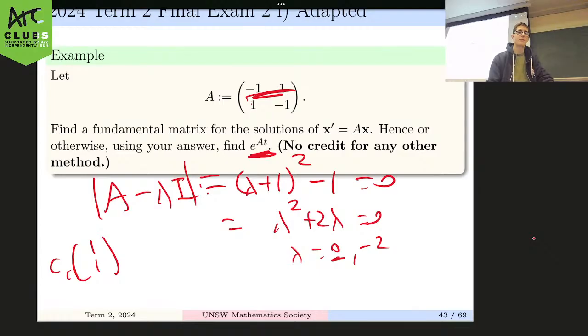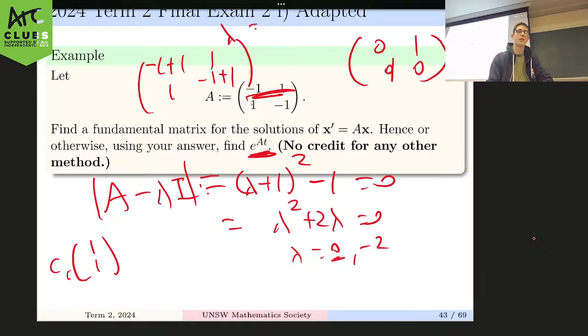And then for -2, it would be... for the null space, we need... actually, did I do that right?